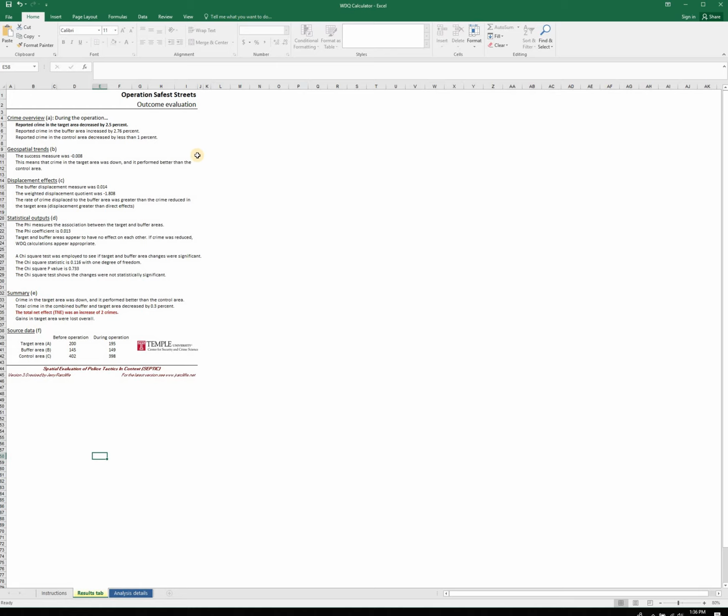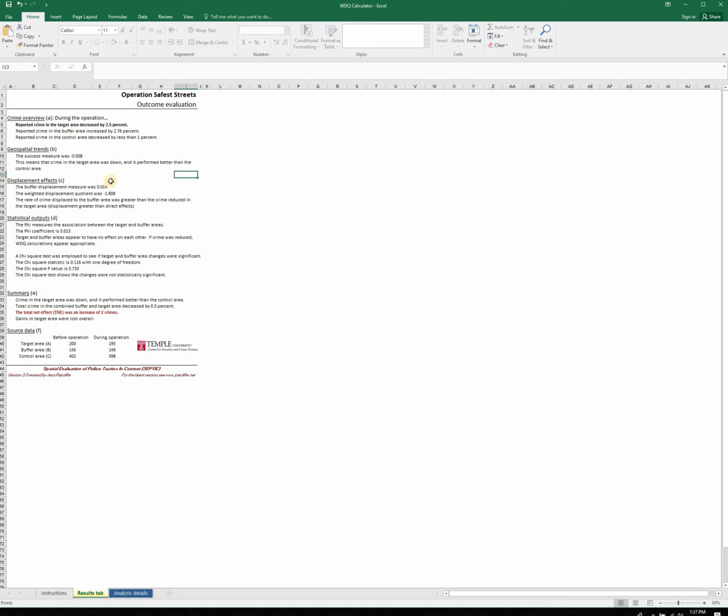So when we're just looking at the amount of crime in the areas that were targeted compared to the areas that were not, our comparison locations, what this is saying is that crime in the places where officers worked went down. And it went down more than the amount of crime decrease that we saw in the control area. So just looking at this section B, it does appear that we have some sort of benefit.